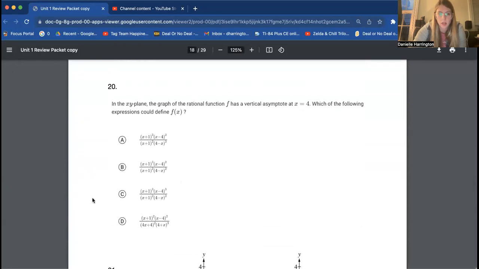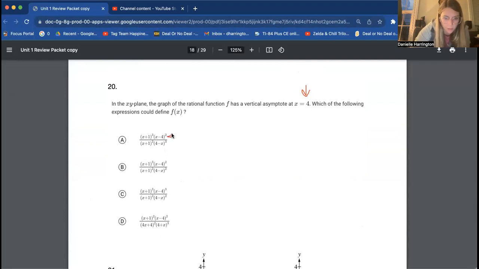20. In the xy plane, the graph has a vertical asymptote at x equals 4, which could define f of x. Well, I need my denominator to have 4 as a value that makes it equal 0. So let's take a look at A. I have 4 minus x cubed and x minus 4.